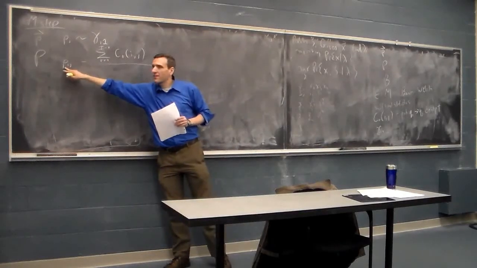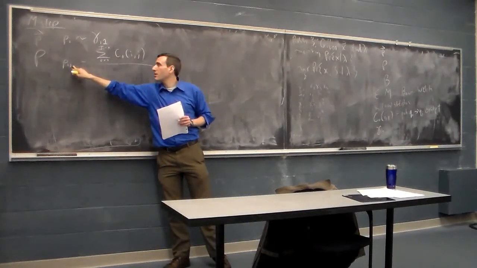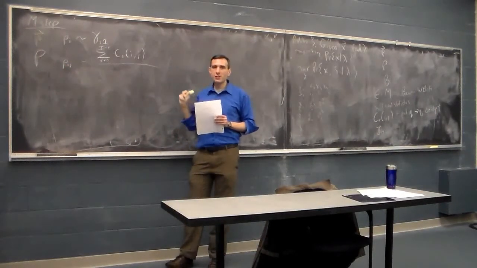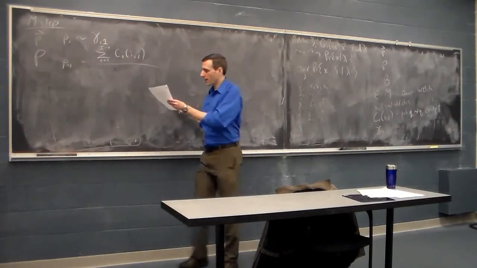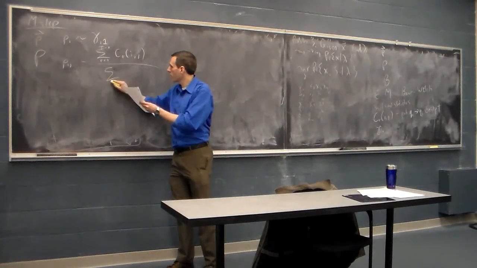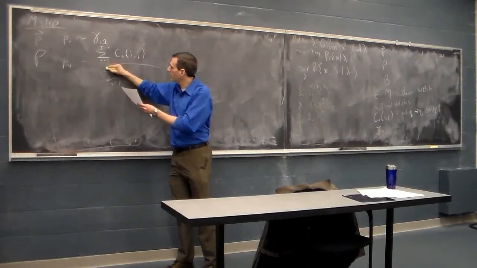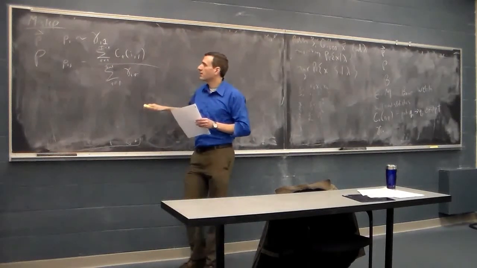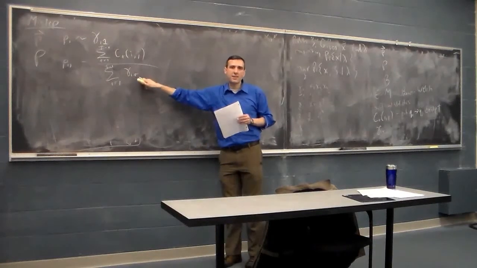This is effectively asking the probability our next state is j, given the prior state is i, so we need to normalize by the probability the prior state is i, and that's simply the sum over little t equals 1 to capital T minus 1 of gamma i t. So the probability we're in state i at step t.